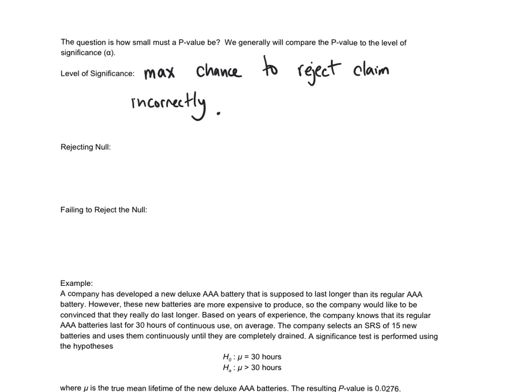So we sometimes refer to this as rejecting the null or failing to reject the null. Rejecting the null says we are stating evidence against the null for the alternative.